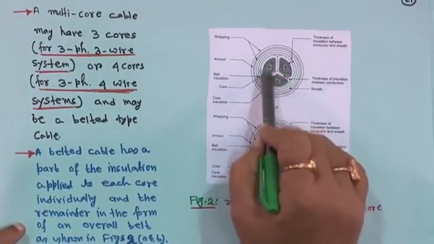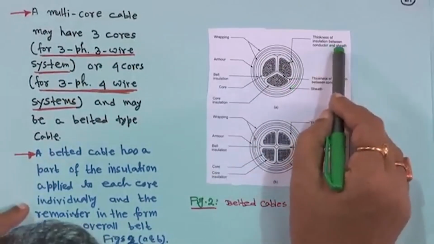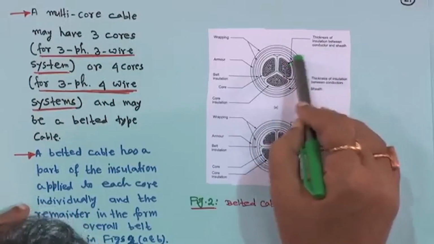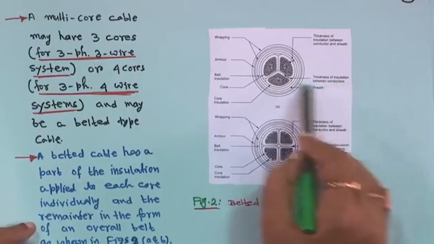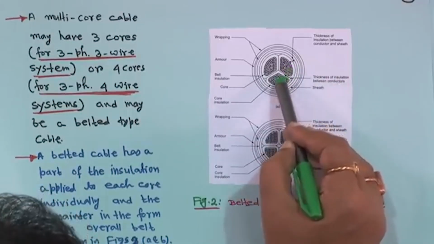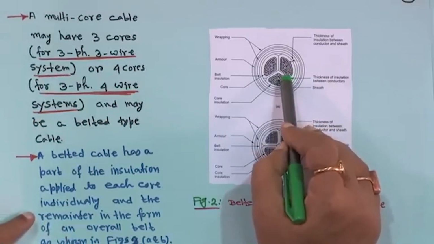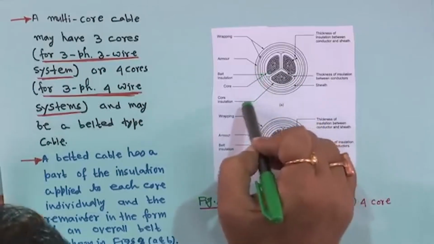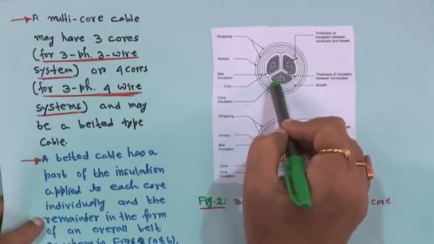Then you have the thickness of insulation between conductor and sheath, and next the thickness of insulation between conductors. Then the core insulation is there around each core.